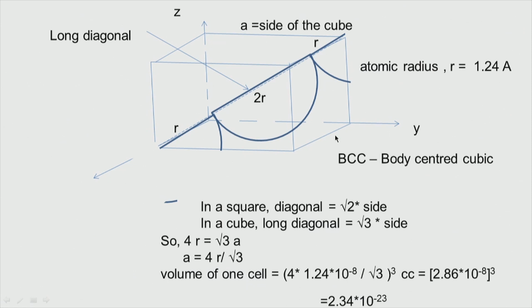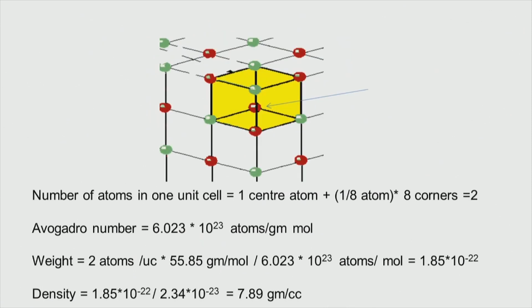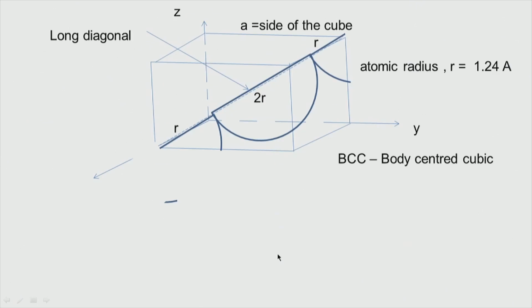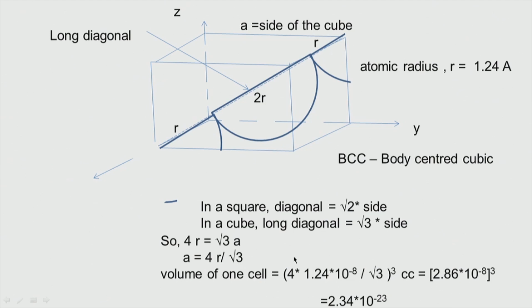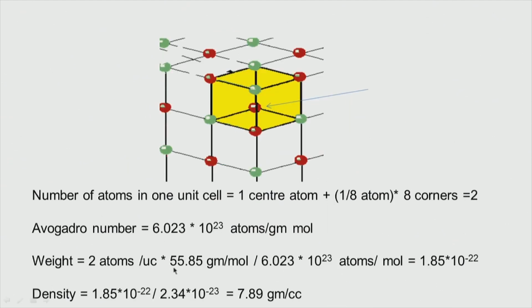Okay. Now, we need to know the mass. Now, number of atoms, like I said, one central atom plus 1 by 8 of 8 corners, so 2. Avogadro number is 6.023 into 10 power 23 atoms per gram mole. So, 2 atoms you have, the atomic weight is given as 55.85 gram per mole, okay.